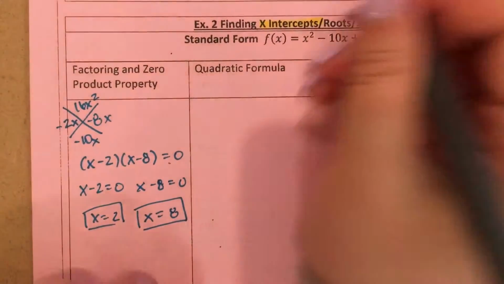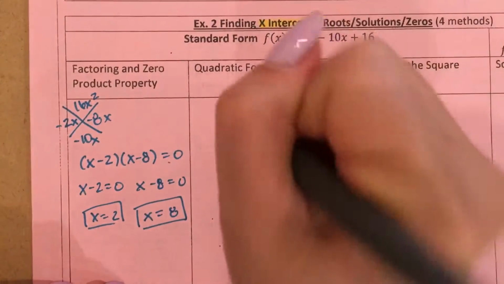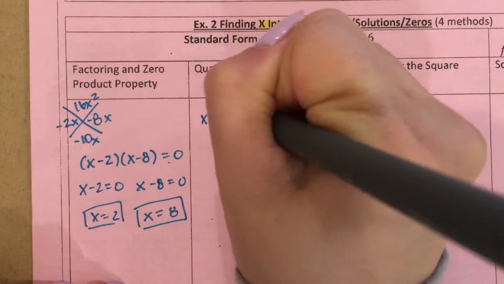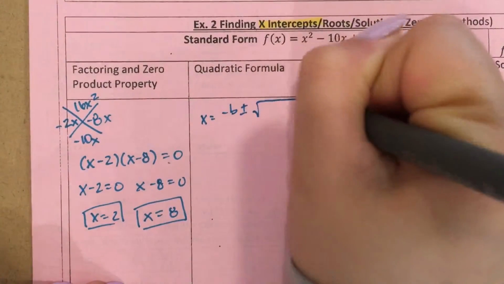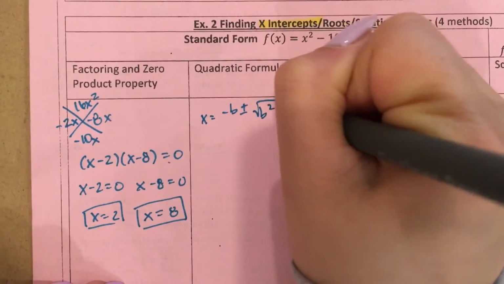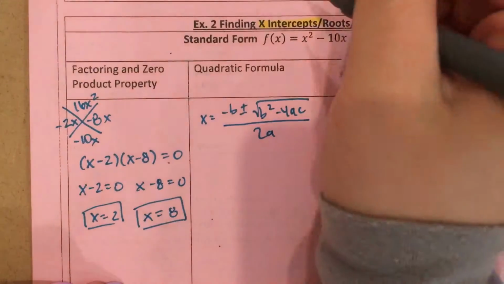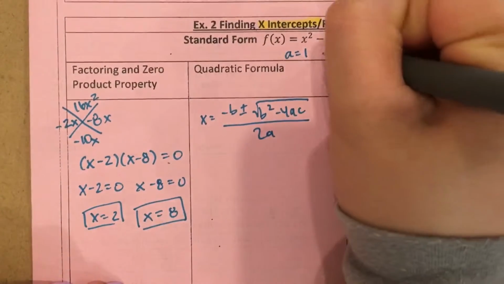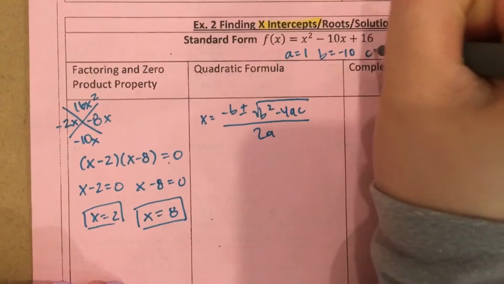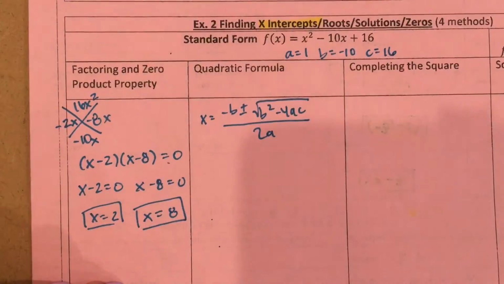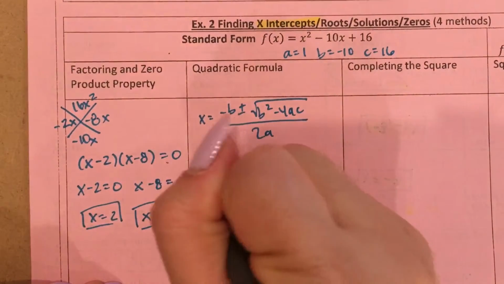Quadratic formula. To use this, we need to memorize x equals negative b plus or minus the square root of b squared minus 4ac all over 2a. Okay, just remember your a value is 1, b value is negative 10, c value is 16. So let's go ahead and plug it in.